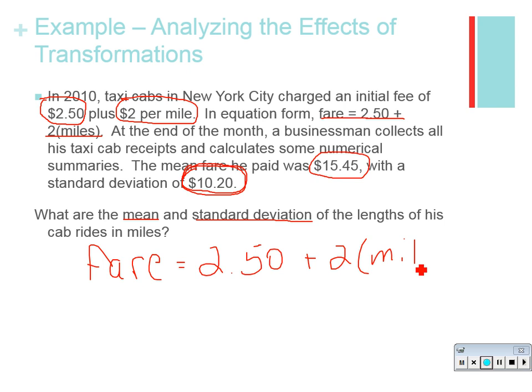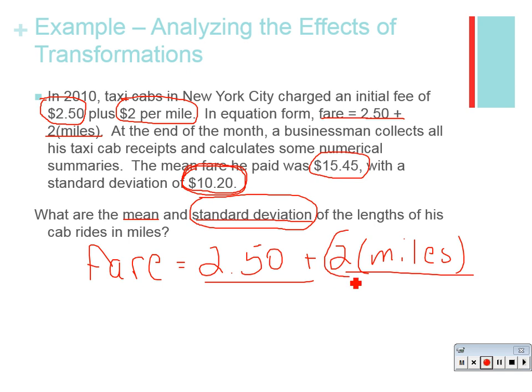Because the mean will be affected by both adding $2.50 and multiplying by 2, both of those factors are going to come into play when we calculate what the mean length of his cab rides is. But remember that standard deviation, the spread, is only affected by multiplying. So that's just going to be this part here that's going to be affected when we go to calculate the variability in the number of miles that he went here.